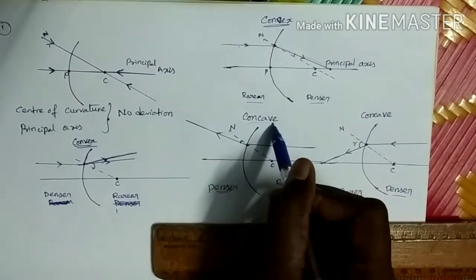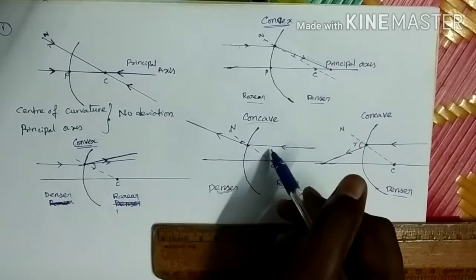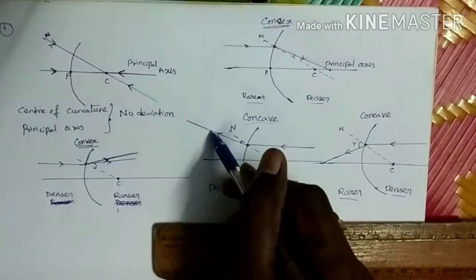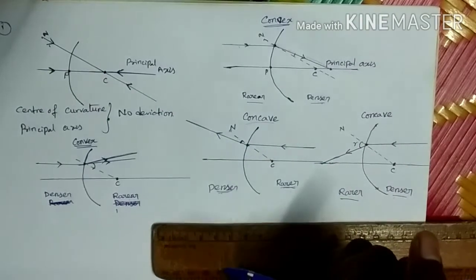But in the concave curved surface, when light travels from a rarer medium to a denser medium and the light is parallel to the principal axis, the refracted ray is closest to the normal, but it does not touch the principal axis.